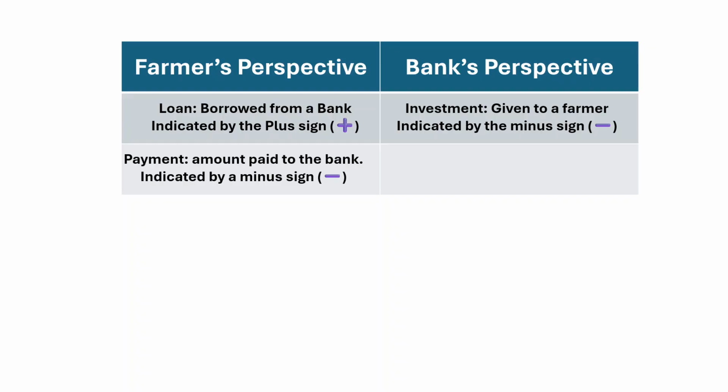So whenever we need to choose whether the sign is plus or minus, we must think about from which perspective we are going to calculate it. Whenever we are considering some inflow of money, it should be indicated by plus, and whenever we are calculating something which is outflow, it should be indicated by minus.